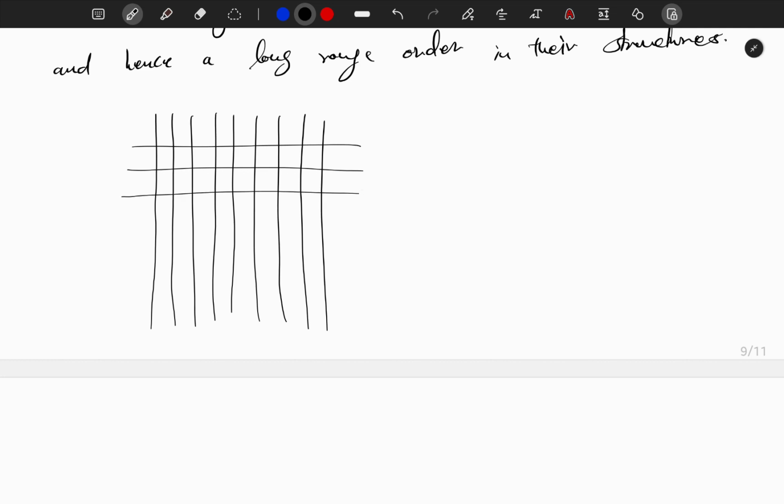So this is a square crystal in 2 dimensions. Every intersection of these lines is an atom. There is an atom or a molecule present there. So this is a crystal.